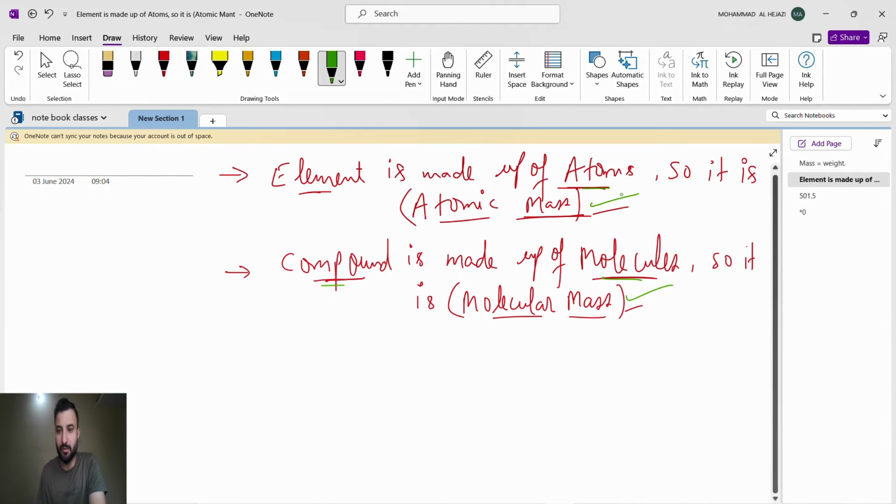Element is made up of atoms, so it is atomic mass. Compound is made up of molecules, so it is molecular mass. Just write these 2 points. Also write this point.